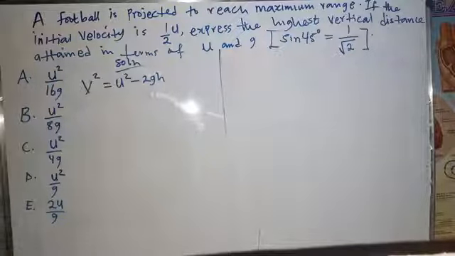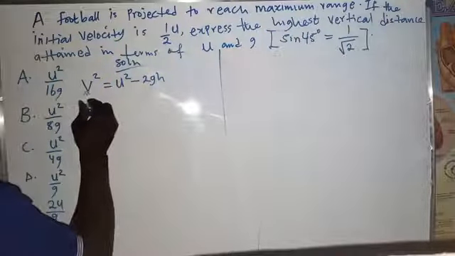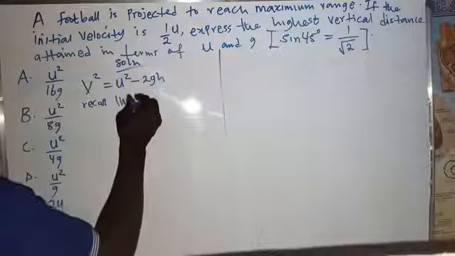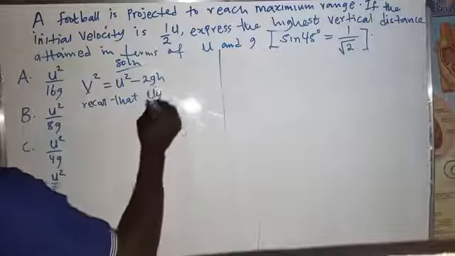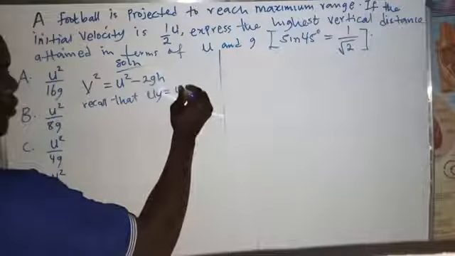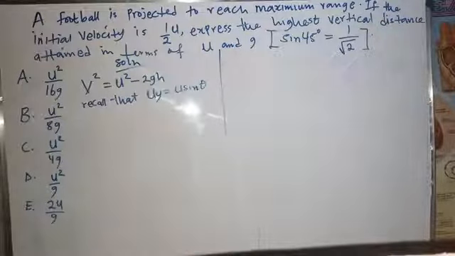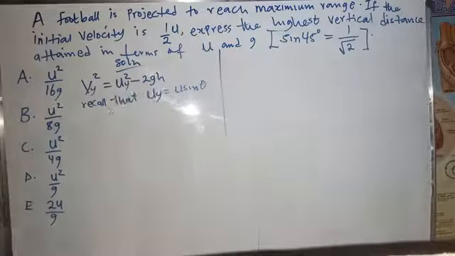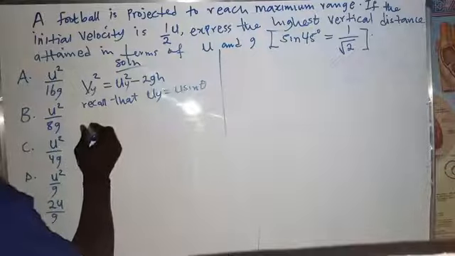But I want you to recall that uy is equal to u sine theta, and this is vy. The final velocity at the highest height is equal to 0.